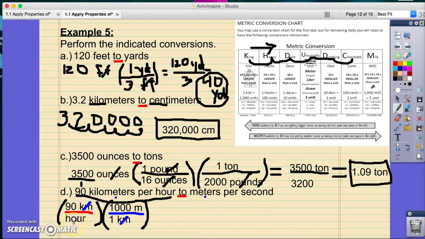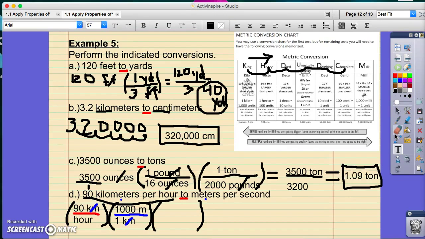Well, now the other thing I have to worry about is hours. So for hour, I'm going to use my color pen here. Every time we just keep multiplying new units. I want to go from hours to seconds. Well, let's not go straight to seconds. Hours, then what's below hours? Minutes. How many minutes are in an hour? 60, right?